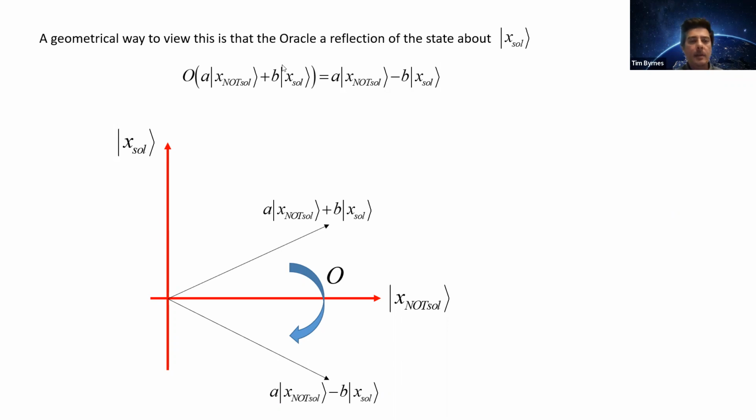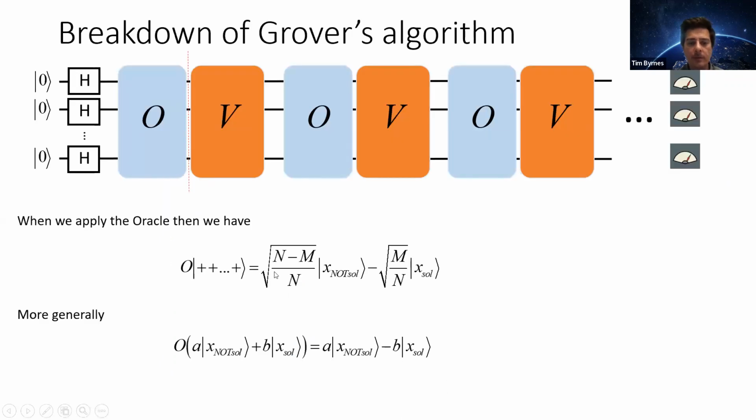Let's plot this general state here. In the first step, we've got particular coefficients of root (n minus m) over n and root m over n. But let's just look at this more general case first and try to get a sense of understanding of what this oracle is actually doing.